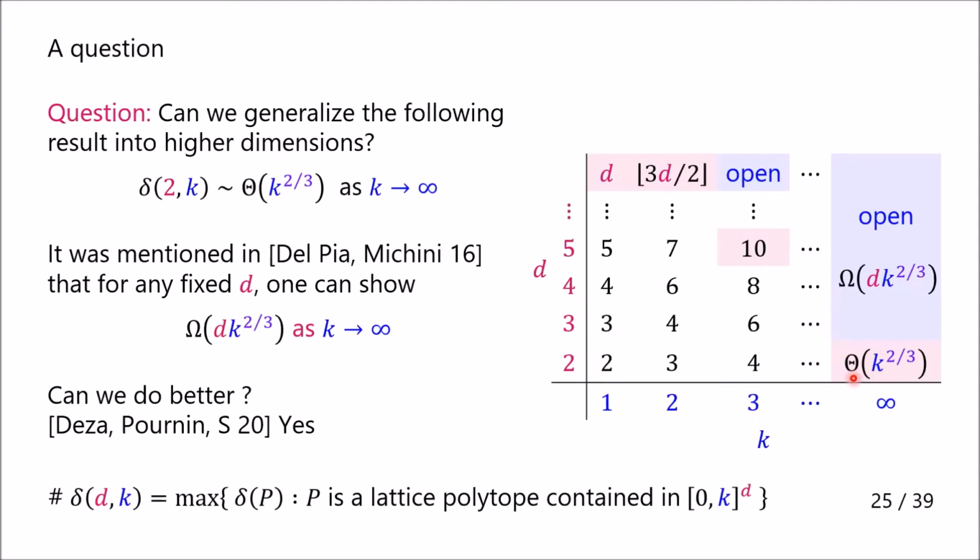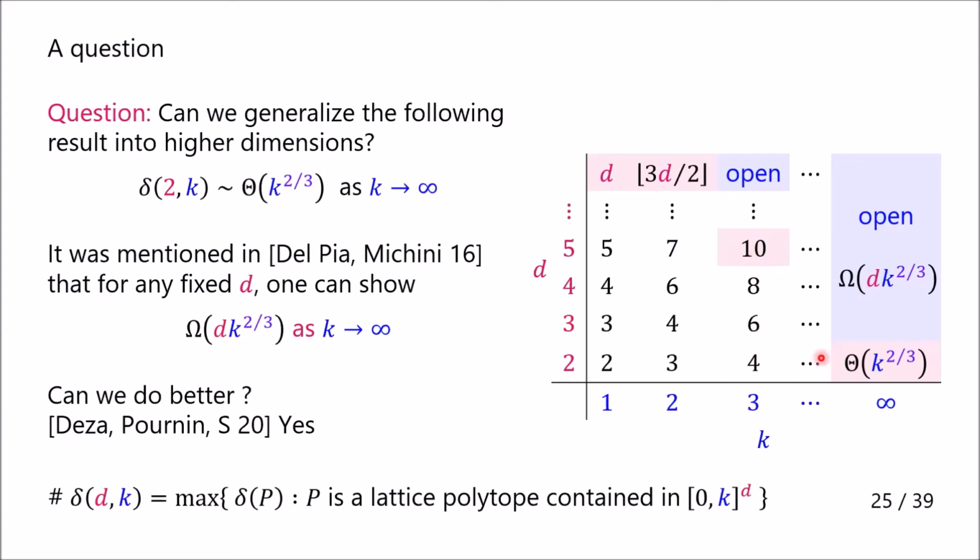Okay, and I remark here that the value of this cell is still open, although one could expect that it might be 2 times d from these low-dimensional results.